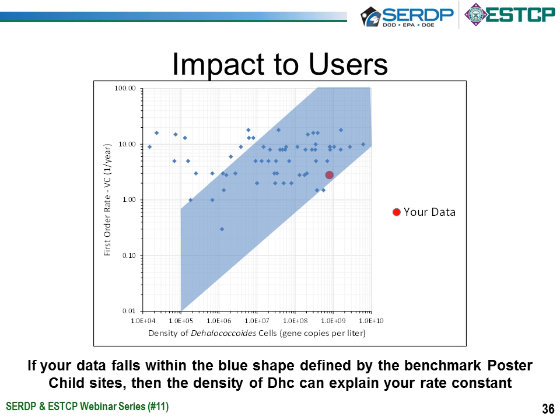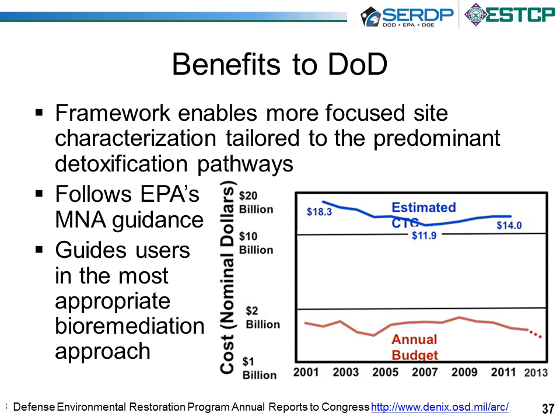And what BioPIC does is it goes into our distribution plot and it locates your very own number. And at that point, it assumes that if it's within the blue box, it could be reasonably attributed, in this case, for example, to the Dehalococcoides densities.